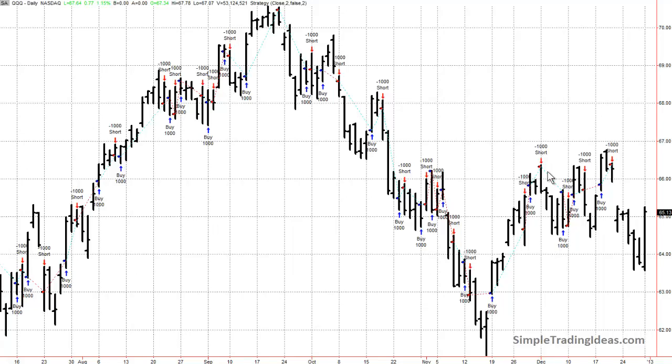So what we're going to do now is explore something a bit different, and that's going to be using a filter. Something to filter trades. We want to filter trades to enhance the performance. This is our objective.